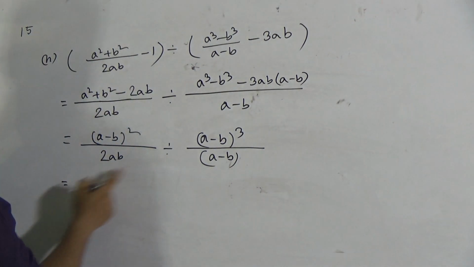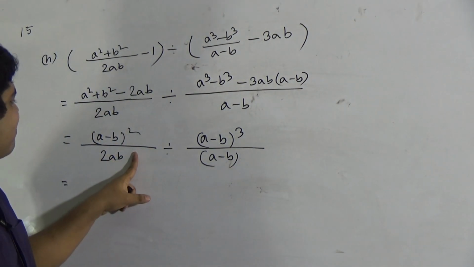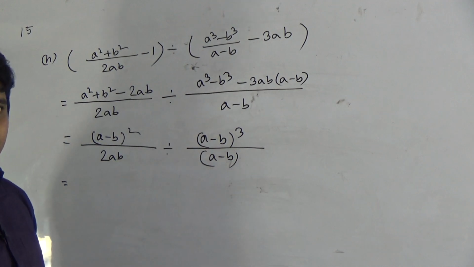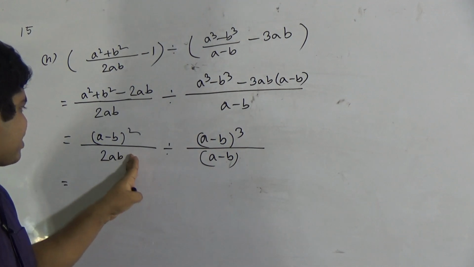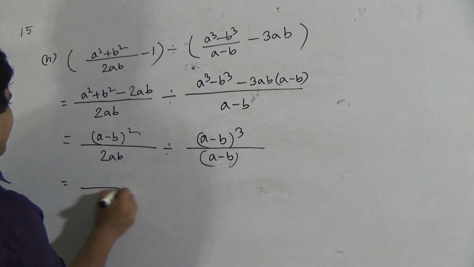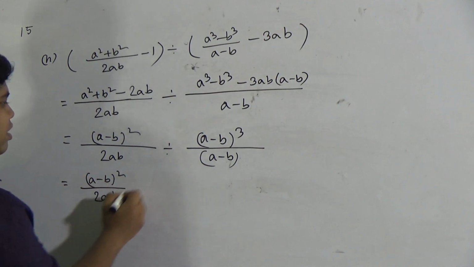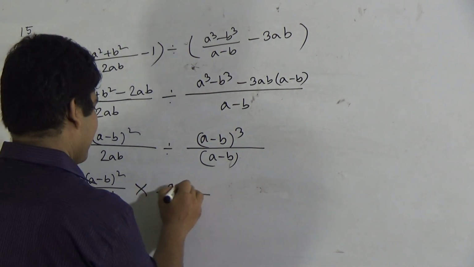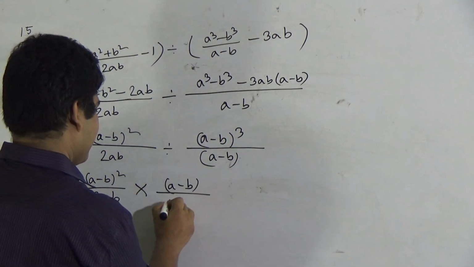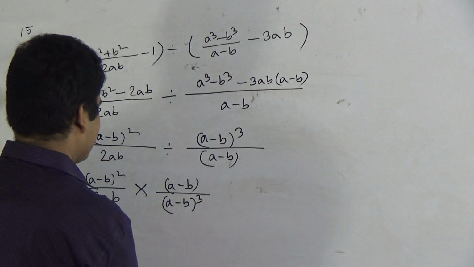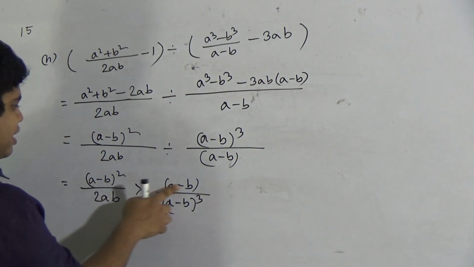Okay, now division. We know that division of first fraction by the second fraction means multiplication of the first fraction with the reverse of the second fraction. That means (a − b)² by 2ab multiplied by (a − b) into (a − b)³. Notice (a − b)² and a − b.